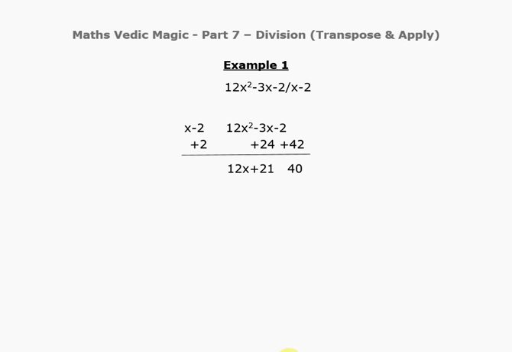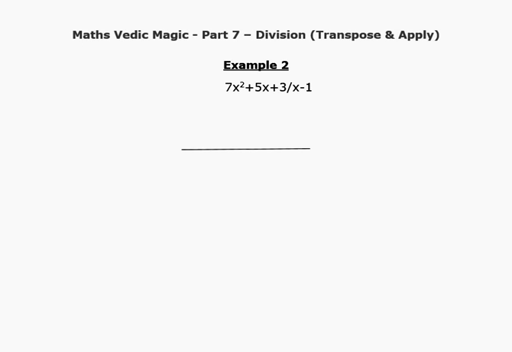Let's look at another example. In here again we do the same thing. We write down the divisor like we normally do, and then the equation in question, and then you write down the change sign and do the multiplication. So 7 times 1 gives us plus 7, and 7 plus 5 gives us 12.